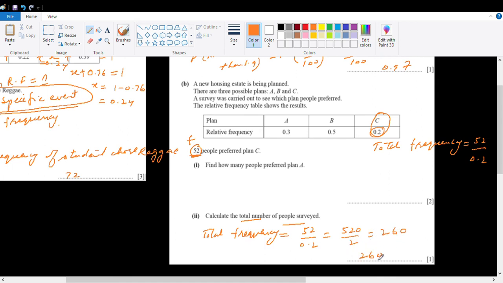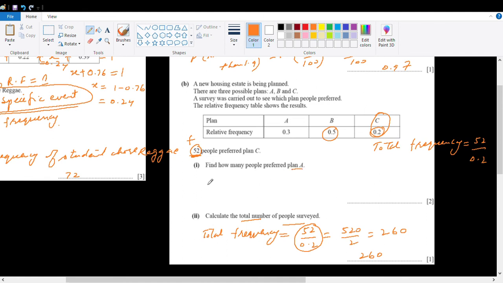Once you have found the total frequency, you can find the number for any specific event just by multiplying. Like now with this total frequency, you can find how many people preferred plan A. Let's first figure this out.